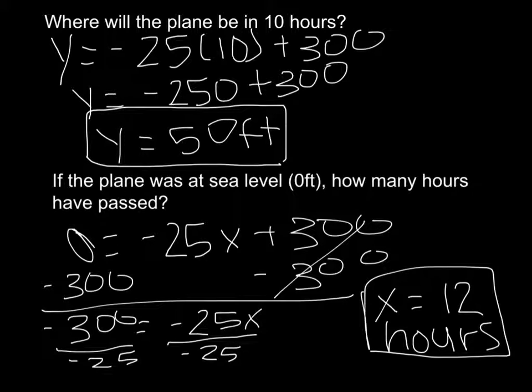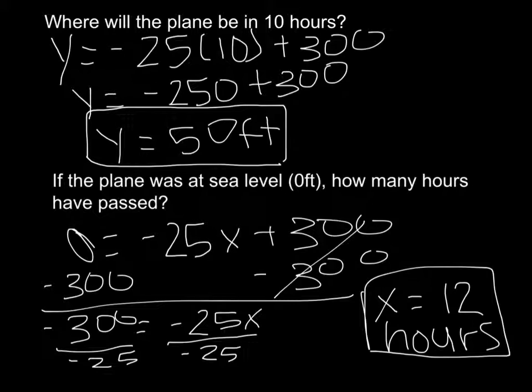The second prediction is if the plane was at sea level, 0 feet, how many hours have passed? So you plug in 0 for y, in y equals negative 25x plus 300, and then you solve for x.